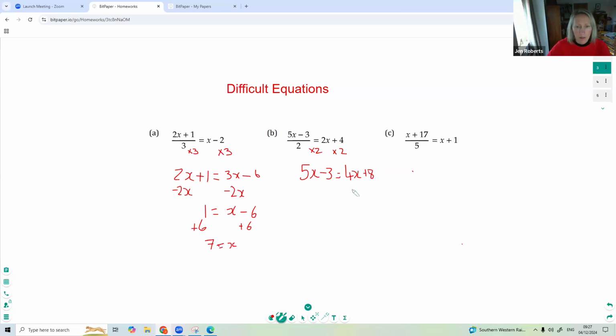It's this right-hand side, so I'm going to take 4x off both sides. Now, if I take 4x off my left-hand side, I've got 1x minus 3. If I take 4x off of here, I've got 8. And then last step, add 3 to both sides, which gives you x equals 11.